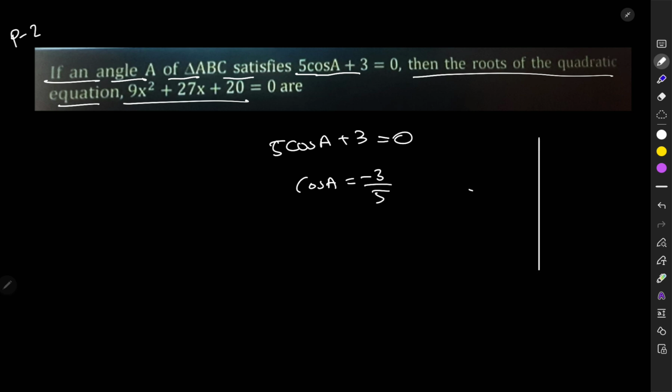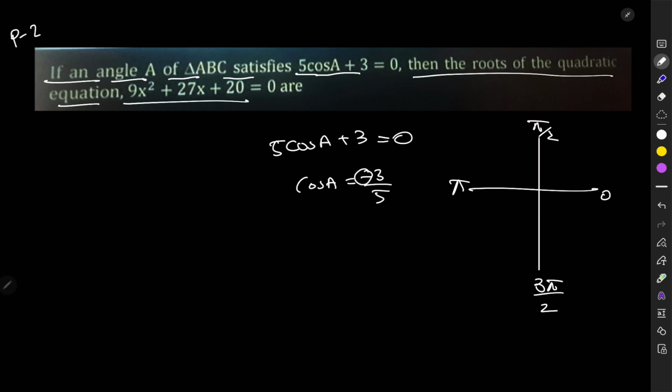So from the minus 3 by 5, I can tell, this is 0 degree, this is pi by 2, this will be pi, and this will be 3 pi by 2, right? So it will be lying somewhere here.